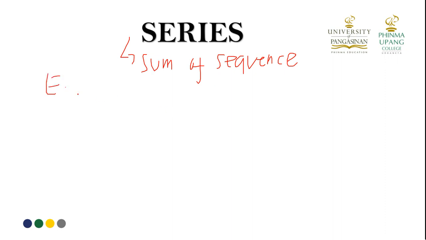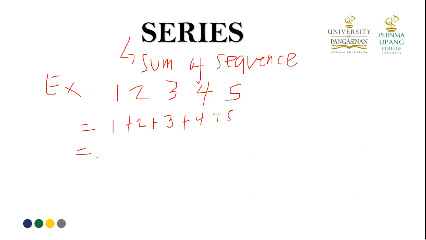Example: 1, 2, 3, 4, and 5. Following the definition, the solution is 1 plus 2 plus 3 plus 4 plus 5. And what is the answer now? 15. So, the series of example number 1 is 15. Ang dali-dali lang.